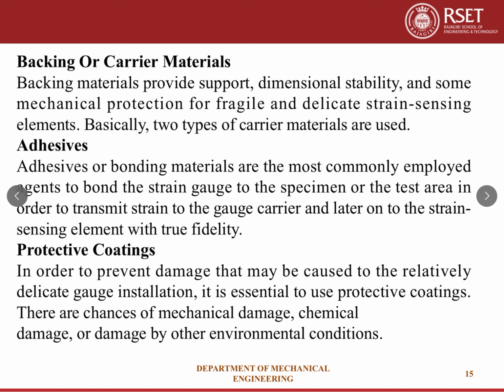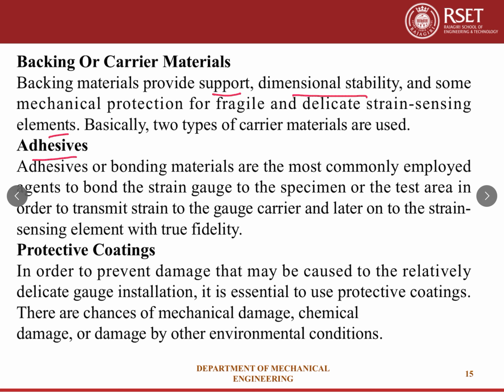Backing or carrier material. Backing material provides support, dimensional stability, and some mechanical protection for the fragile and delicate strain sensitive element. So this backing or carrier material provides proper support and dimensional stability to the strain sensing element. And we also use adhesives.